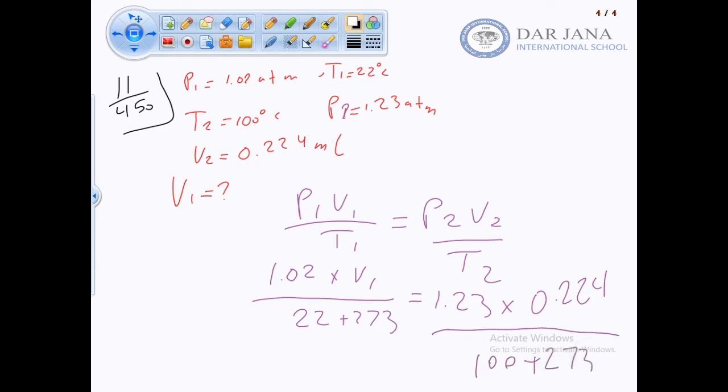As you see, it is an easy question. Everything is given, so just apply the rule. After calculation, V1 is 0.214 milliliter, and you can convert the volume from milliliter to liter by dividing by 1000. Good luck.